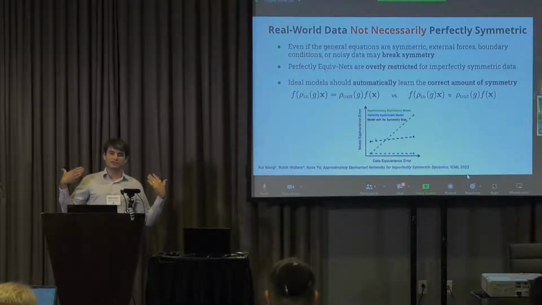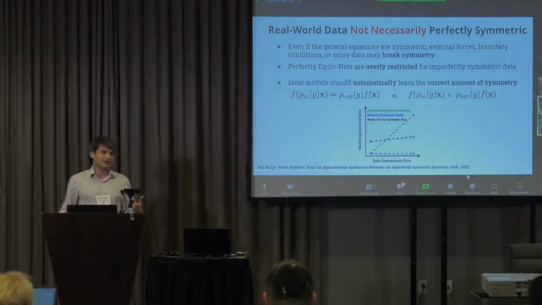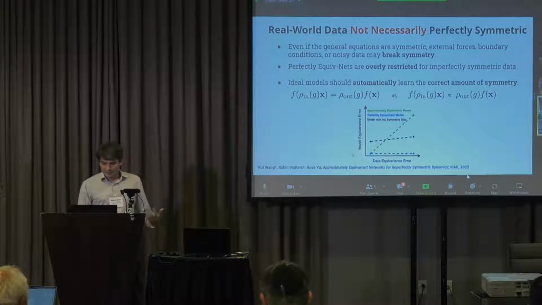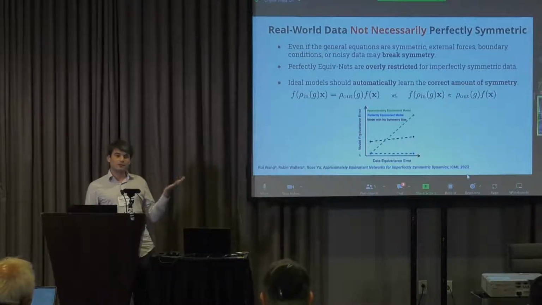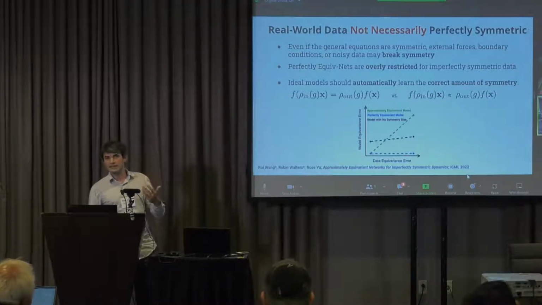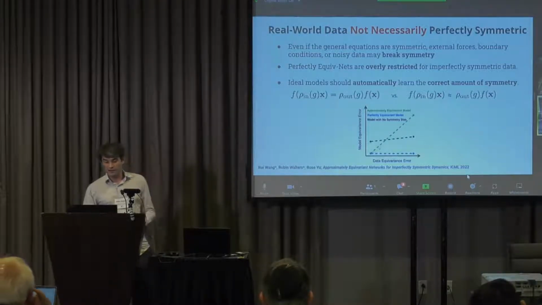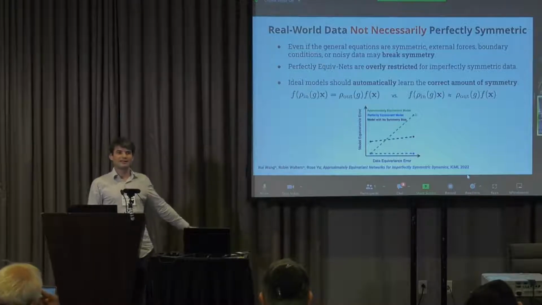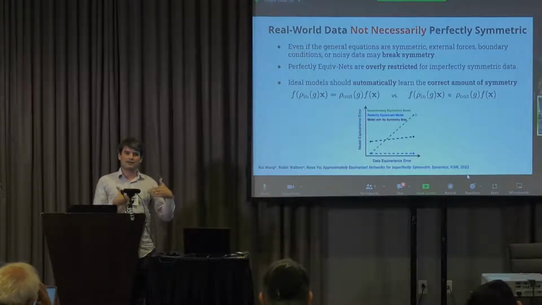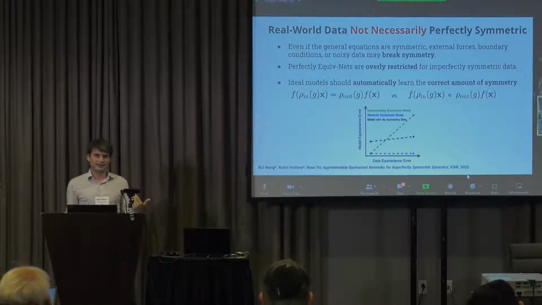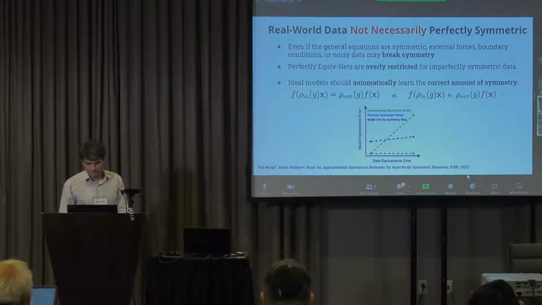It doesn't learn as well as a constrained model, which is not surprising if you study constrained models, right? At the same time, the perfectly equivariant model is forced to always be equivariant and can't adapt if the data shows that it is not symmetric, right? So this green line is our goal, this line with slope 1, where the model has exactly the amount of equivariance error that the data also shows.